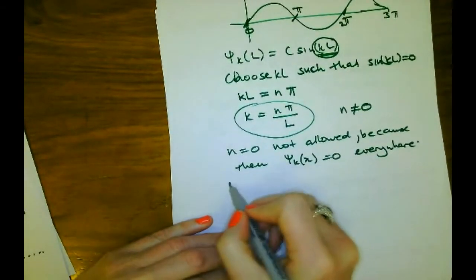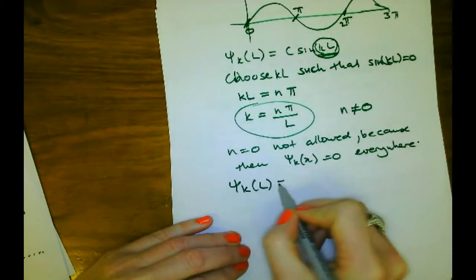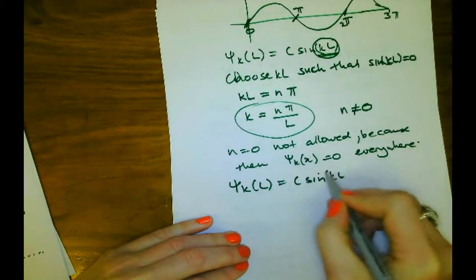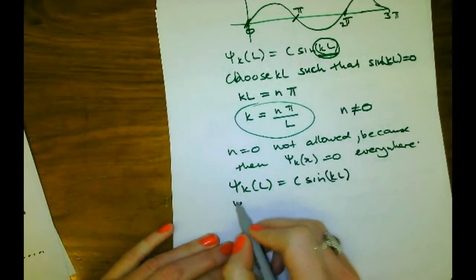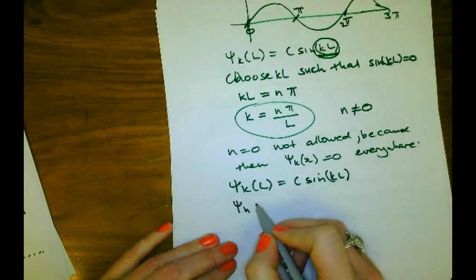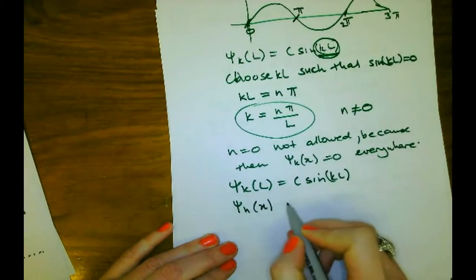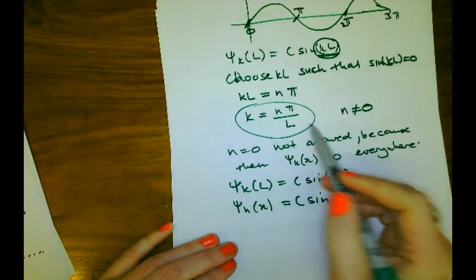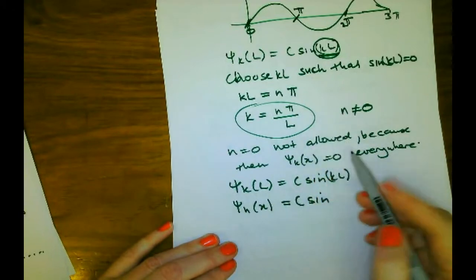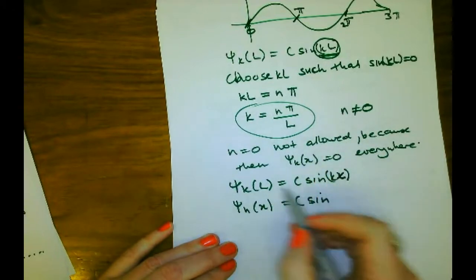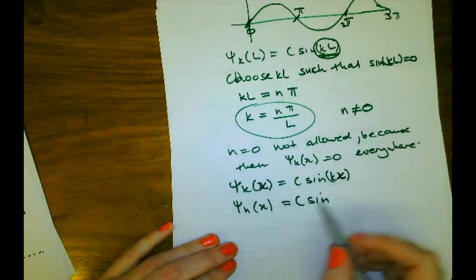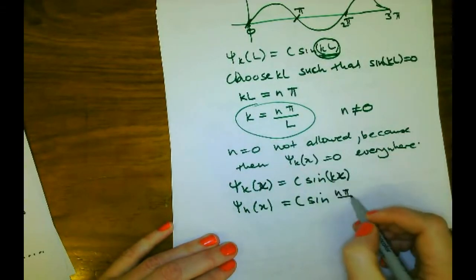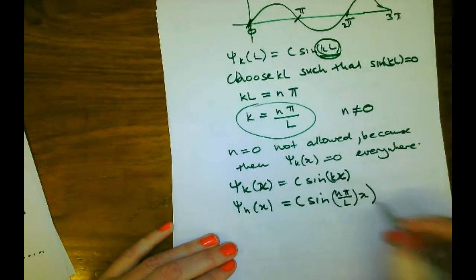Okay, so what does our wave function look like now? I'm expressing the wave function in terms of n. I'm replacing k, sorry, it was kx initially, with n pi over L times x.